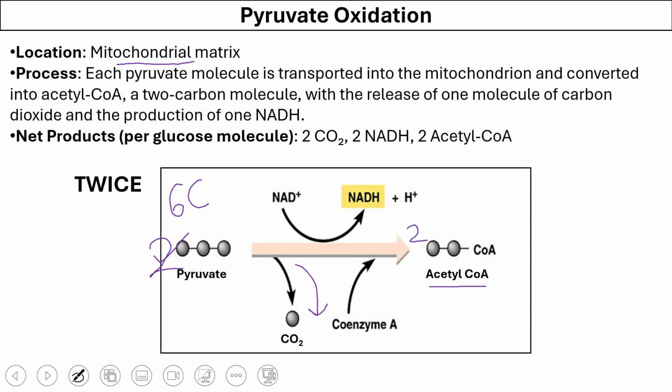In this process, a molecule of NADH is also produced. So overall, you will have 2 molecules of NADH because you had 2 molecules of pyruvate to begin with. Thus, the net production of this reaction is 2 molecules of carbon dioxide, 2 molecules of NADH, and 2 molecules of acetyl-CoA, which will then enter the Krebs cycle.